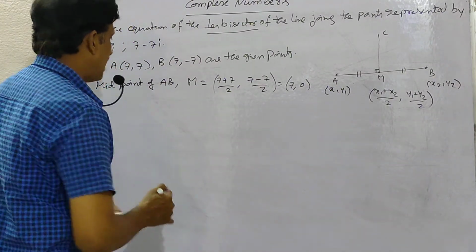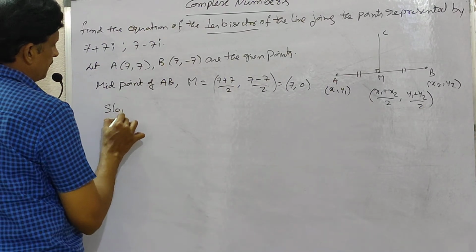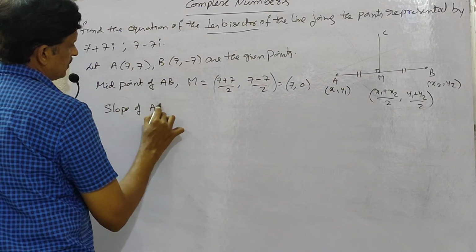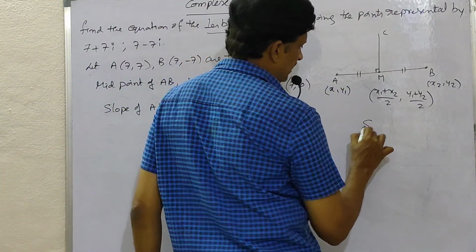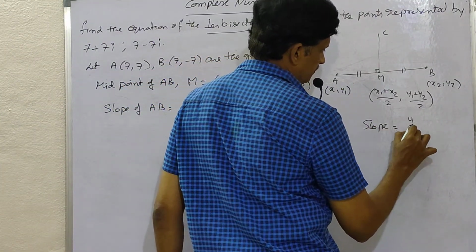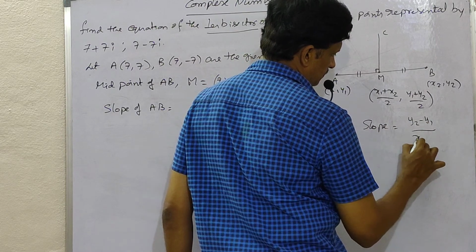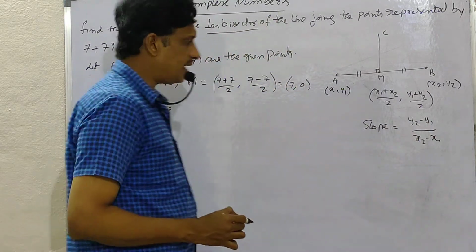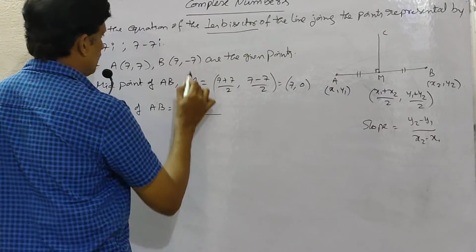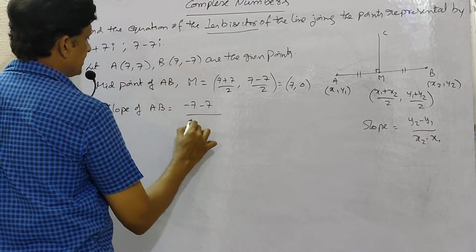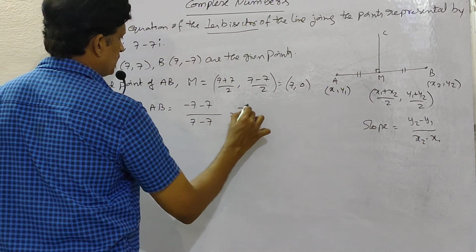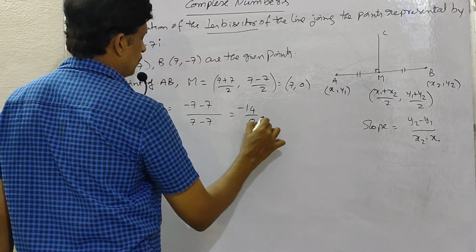The midpoint. And now the slope of AB. Slope of AB means y2 minus y1 by x2 minus x1. So calculate the slope here. That is y2 minus y1, minus 7 by x2 minus x1, 7 minus 7. That is minus 14 by 0.